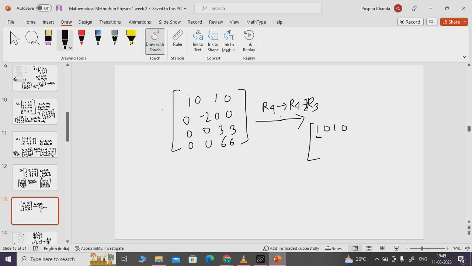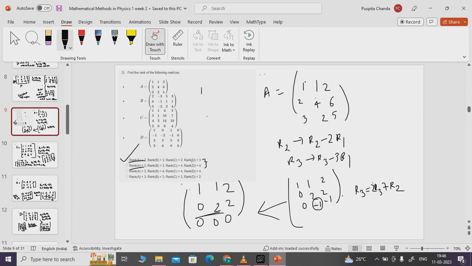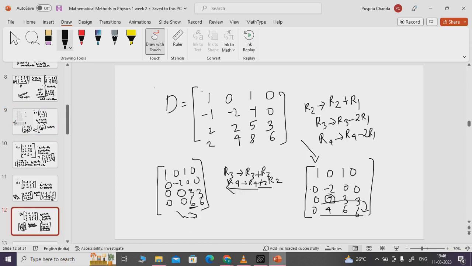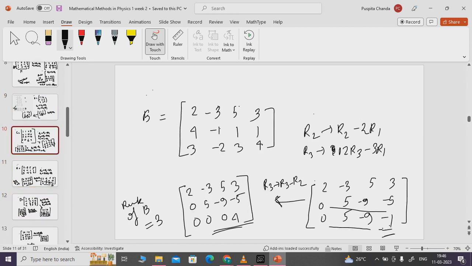So that will become 1 0 1 0, 0 minus 2 0 0, 0 0 3 3, 0 0 0 0. So rank of D is 3. We have already, from rank of A and rank of C, opted for option 1, which is rank of B is equal to 3 and rank of D is equal to 3, and now we have seen that that is also true.